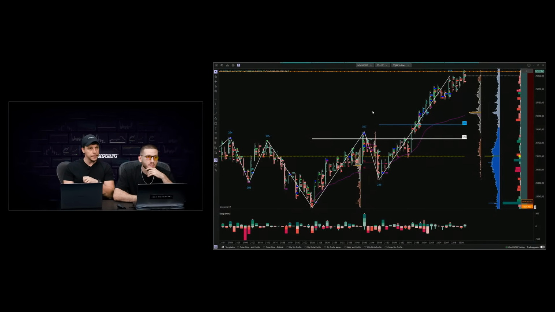This, by the way, is another Deepcharts indicator called Deep Delta, and Deep Delta is absolutely phenomenal. We didn't get the chance to go deep into what Delta is, but it's basically buyers minus sellers, so aggressive buyers minus aggressive sellers. Delta shows you the net pressure of a candlestick.